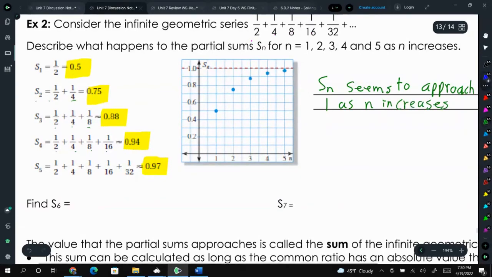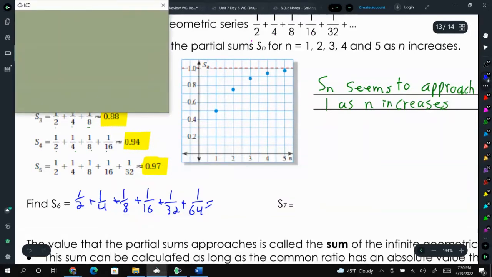Okay. Now let's see if that holds up. Maybe once you find S of 6 and S of 7, it crosses 1. So 1/2 plus 1/4 plus 1/8 plus 1 over 16 plus 1 over 32. The next term would be 1 over 64.